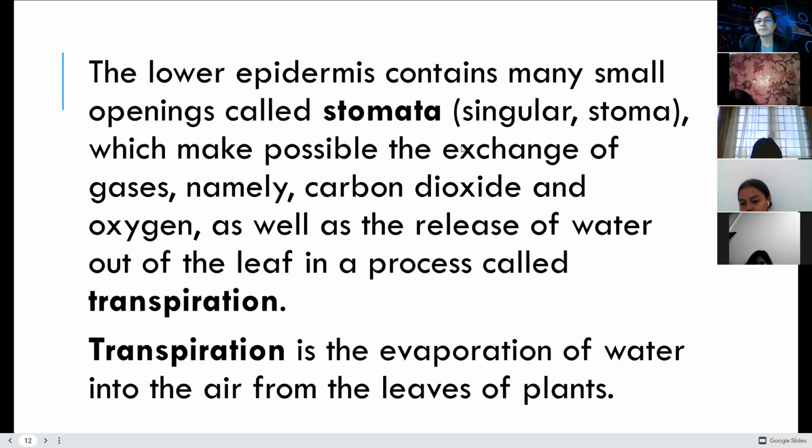Again, the byproduct of photosynthesis is oxygen. We inhale oxygen in cellular respiration, but we exhale carbon dioxide, which the plant absorbs in order to perform photosynthesis in the light-independent reaction. Let's tackle it deeper later.